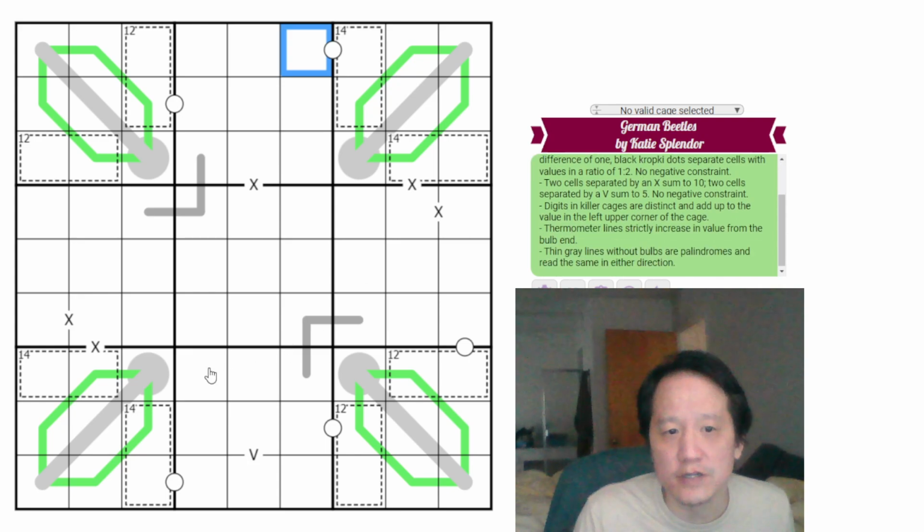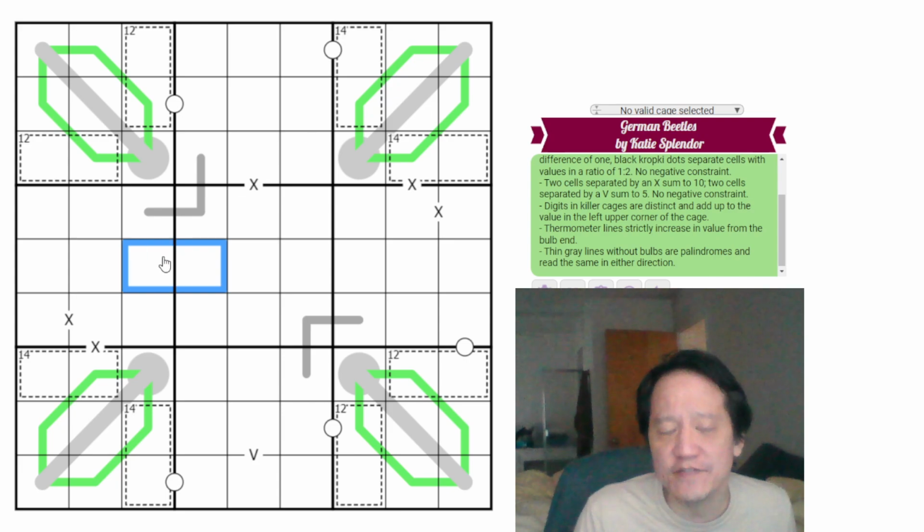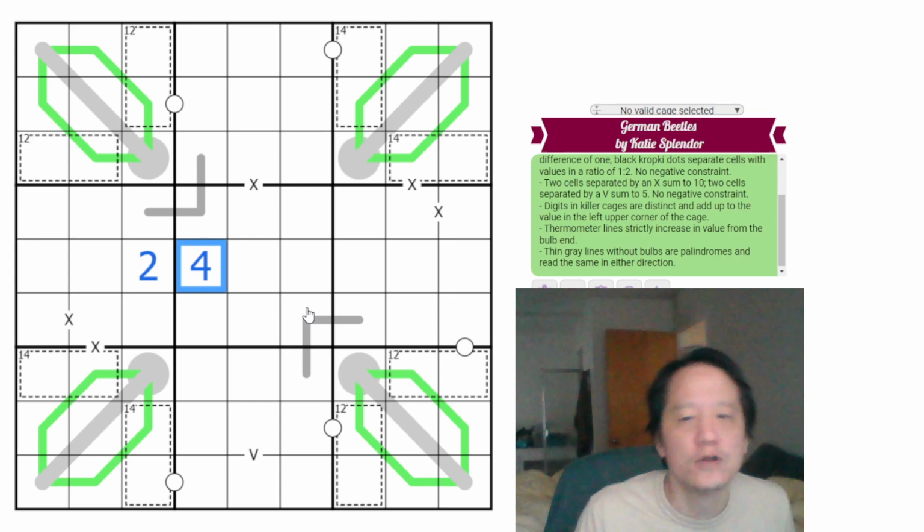So black Kropki dots, okay, there are no black Kropki dots here, but that means that if there was a black Kropki dot between these two squares, if this was a 2, this would have to be a 1 or a 4.